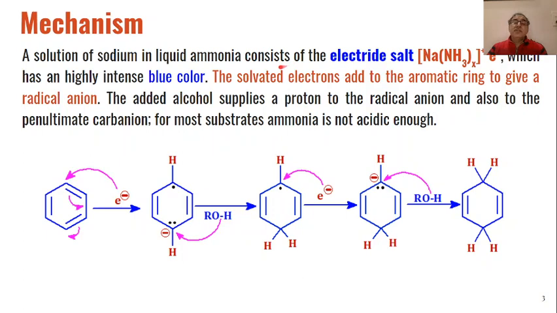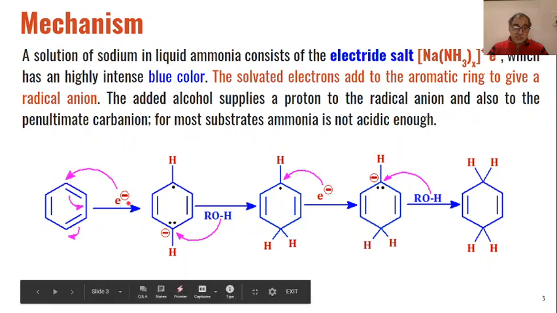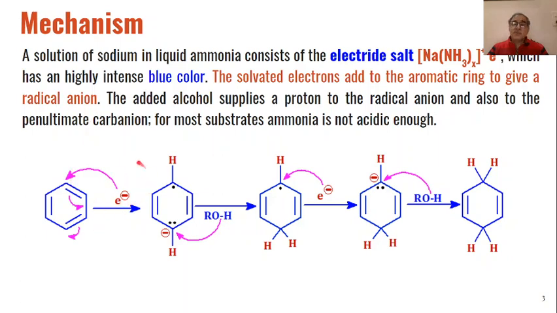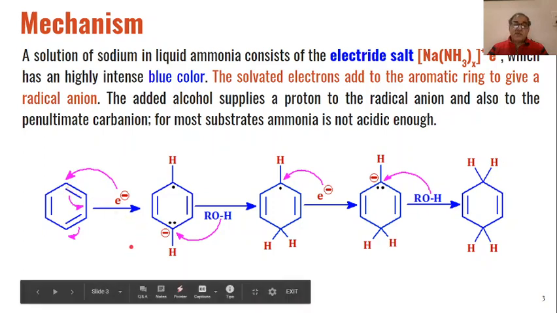This solution of sodium in liquid ammonia is highly intense and blue in color, and these solvated electrons add to the aromatic system to give a radical anion. So the electron from this solvated sodium liquid ammonia salt attacks the aromatic ring, and we will get this type of radical anion.